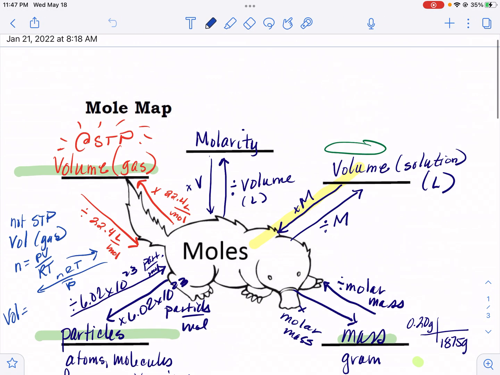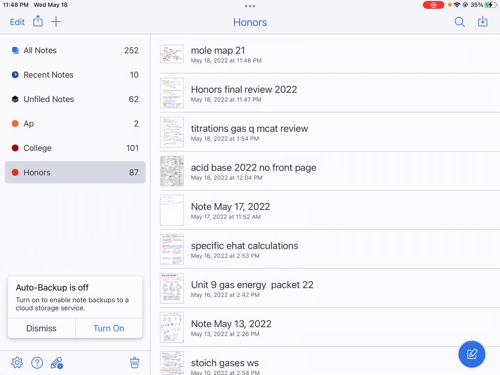So I can now use the upper left-hand corner of my mole map. It wants to know where we're going to move from moles to volume at STP. So we're going to multiply by 22.4 liters per mole.